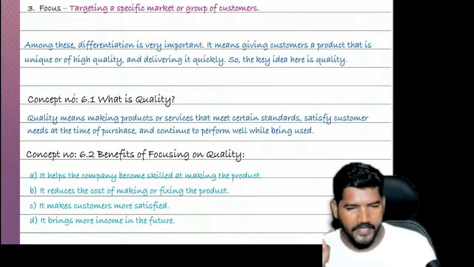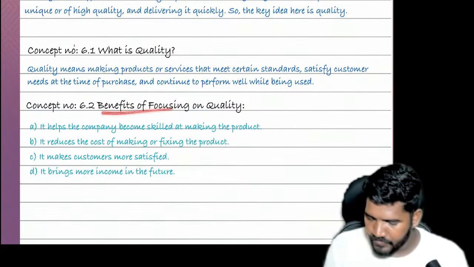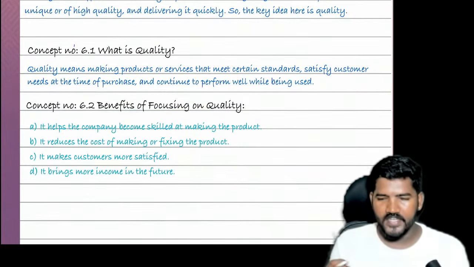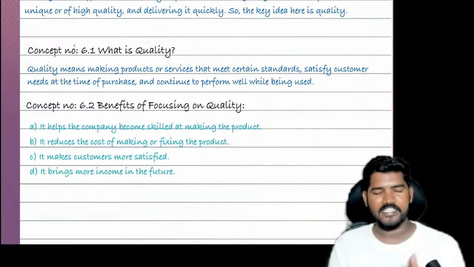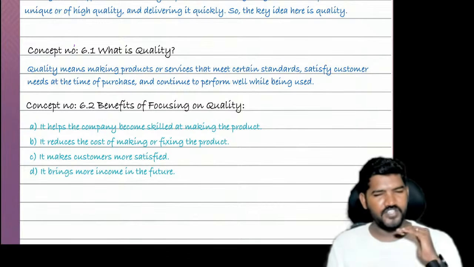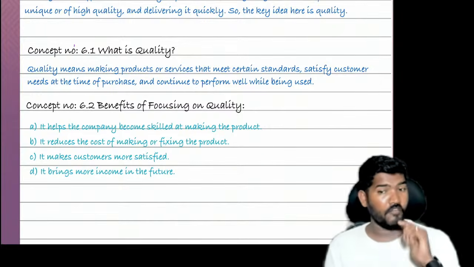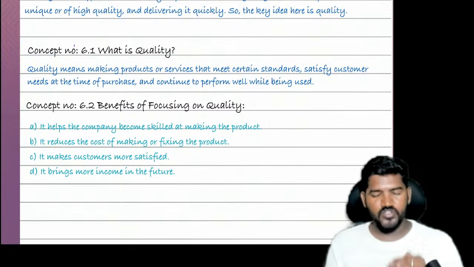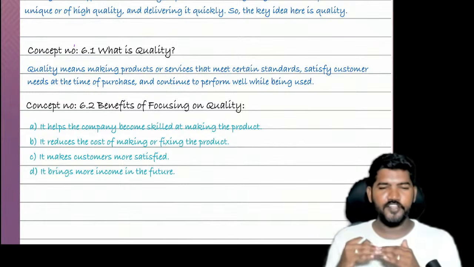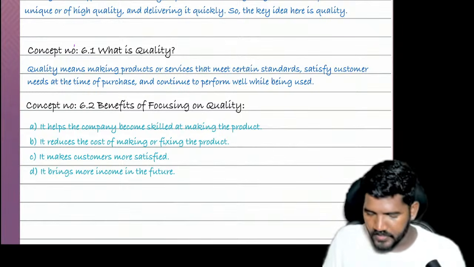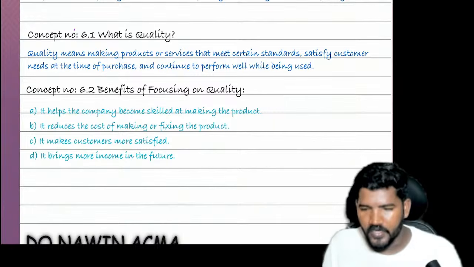That is called quality. Next, the benefits of focusing on quality. If you focus on quality, automatically your customer base will increase, your market share will increase, sometimes your cost will increase, and profitability will increase. Even if the cost increases, sometimes profitability increases more than the cost. Those are the advantages if you maintain quality.